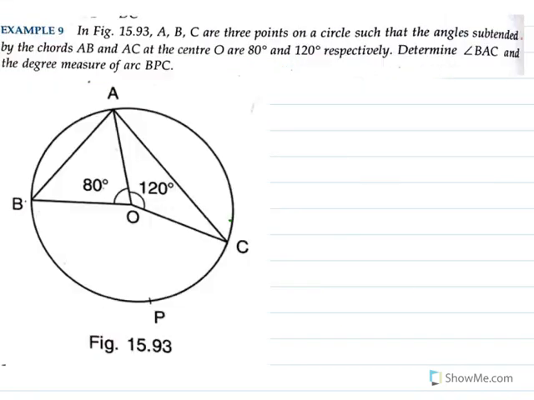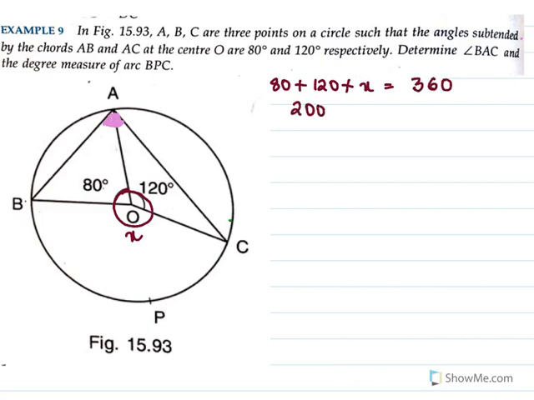Here in this sum, angles are given as 80 and 120, and we need to find angle BAC. In the first step, we are going to find, this is 360, so we have 80 plus 120 plus this angle, we call it X, equal to 360.